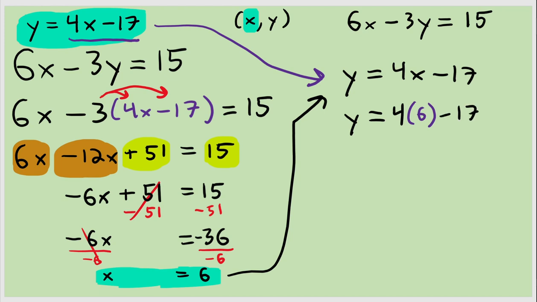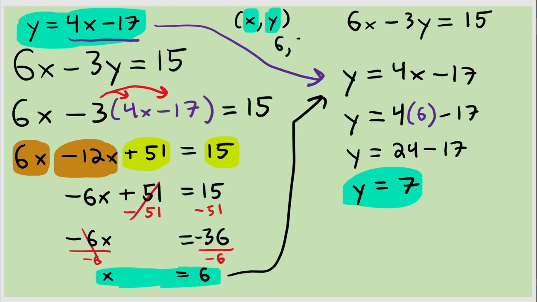Well then, this is y equals 24 minus 17. And that leaves me with y equals 7. So, ta-da! You found your final answer. Your x, y coordinate where these two lines intersect is 6, 7.